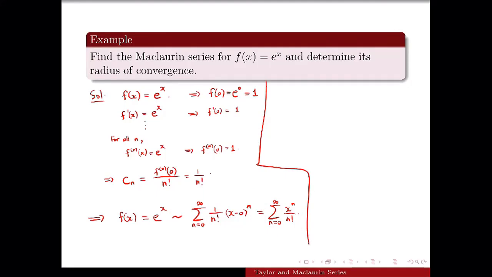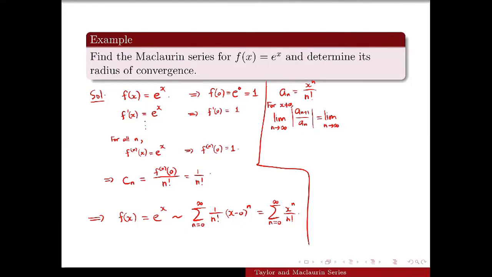Let's do the solution here again. So this time, our a sub n is x to the n over n factorial. We want to find the limit as n approaches plus infinity of the absolute value of a sub n plus 1 divided by a sub n. Again, we start with the following statement, by the way, for x not equal to 0.